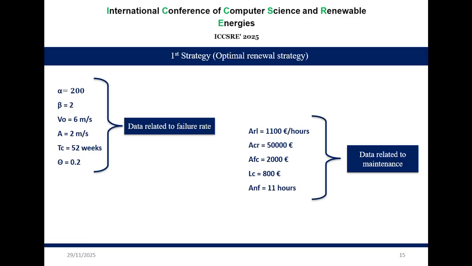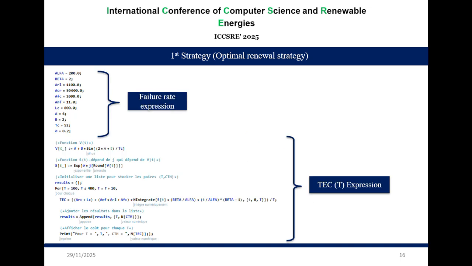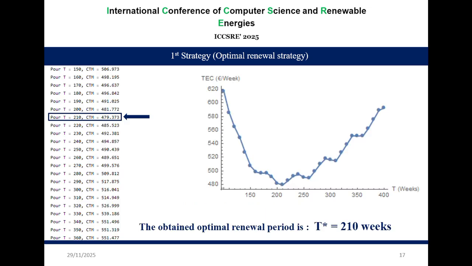So we put data related to, in the first strategy, which is to determine the optimal renewal, data related to failure rate and data related to maintenance, and we put also failure rate expression and the expression of total expected cost, and then we obtain that the optimal renewal period T start is 2010 weeks. So after 2010 weeks, we will replace the gearbox gear trains.